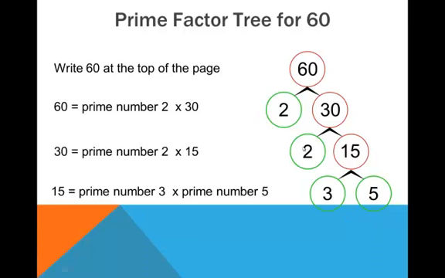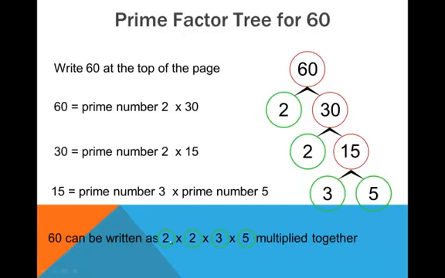Now, all of these numbers in the green circles represent the prime numbers that multiply together will give us 60. And we can write that in this way. 2 times 2 times 3 times 5 equals 60. So you can calculate that out for yourself if you like.